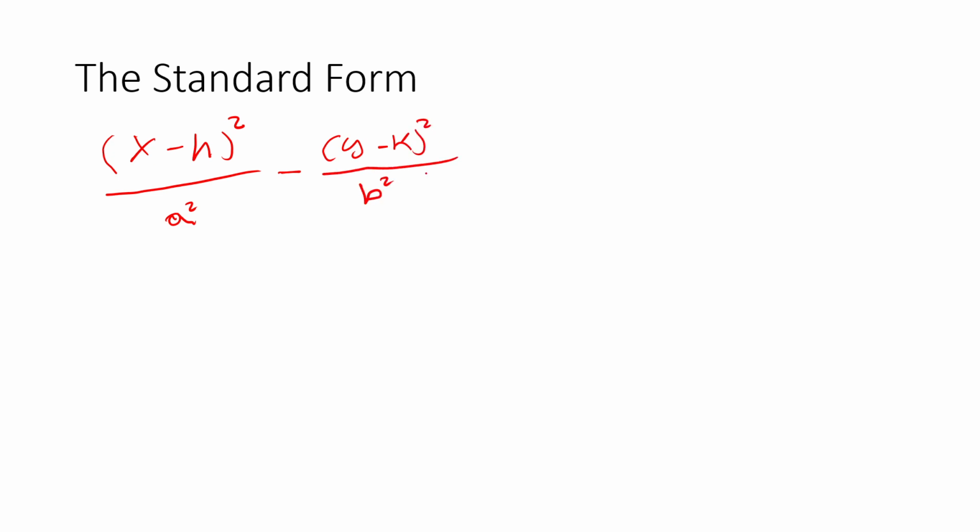The standard form of the equation of a hyperbola is the following: x minus h squared over a squared minus y minus k squared over b squared is equal to 1.